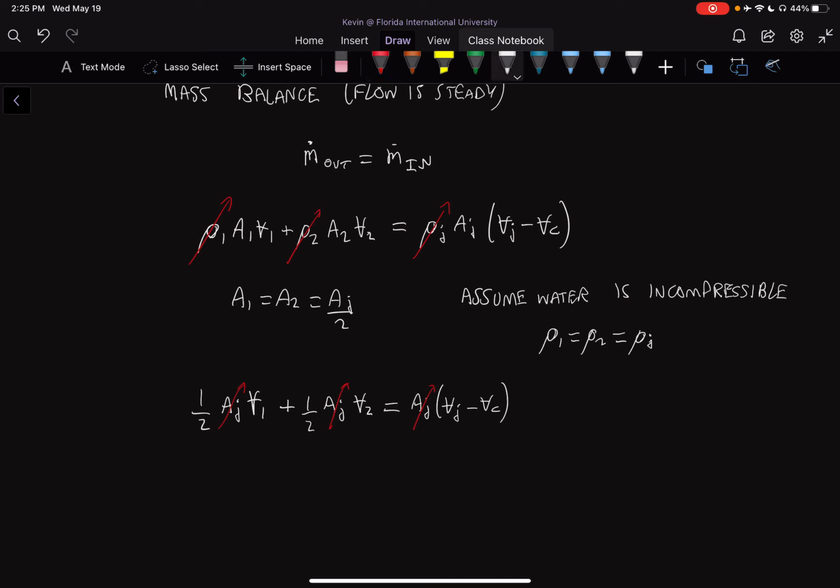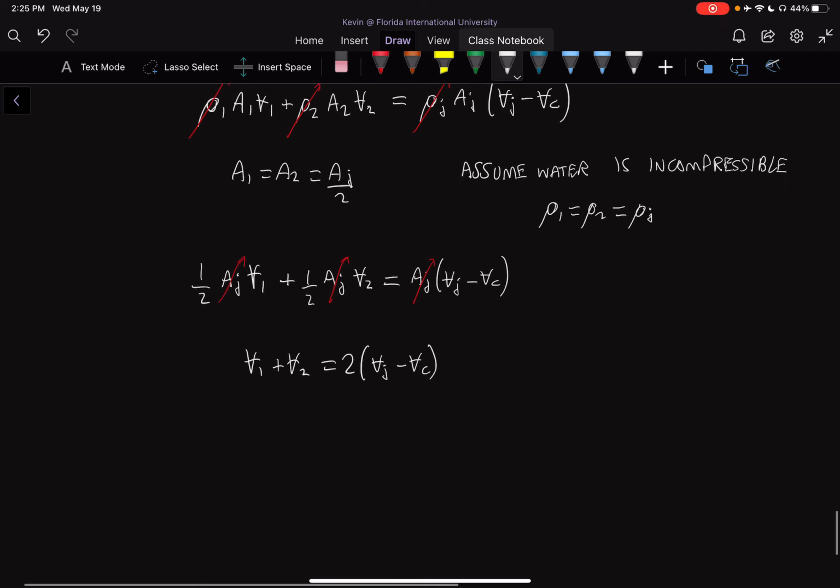And so we're left with an equation that says that V1 plus V2 is equal to 2 times (VJ minus VC). So we can see how much we can get done by just using a mass balance equation. And we can actually go even further than this. We know that the system is symmetrical.